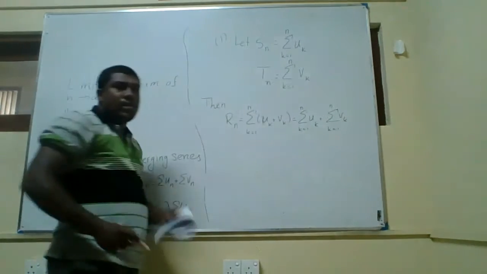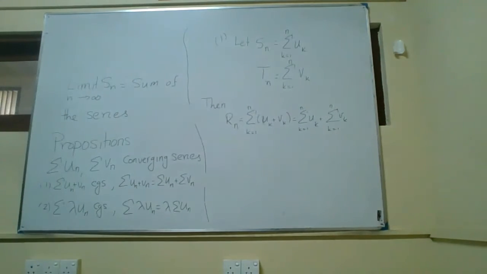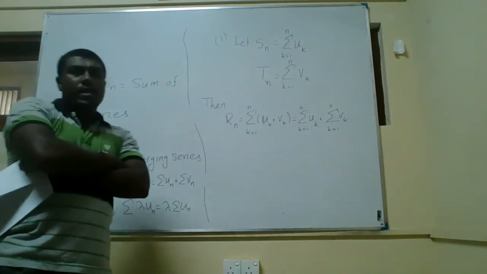This is just a property of real numbers, which we saw in the first chapter. When you add numbers, you can change the order and it is still the same addition.